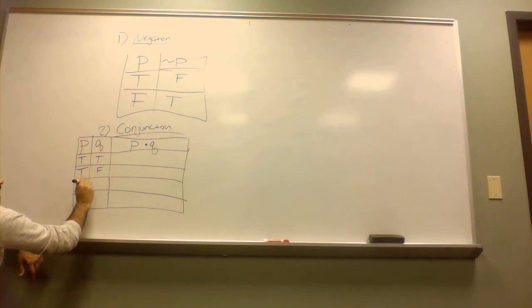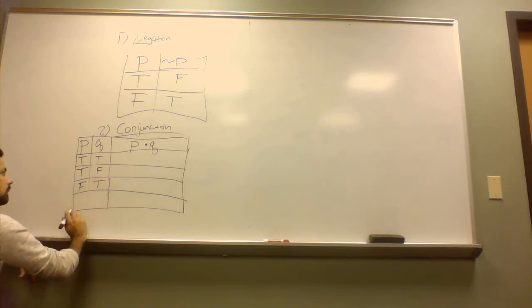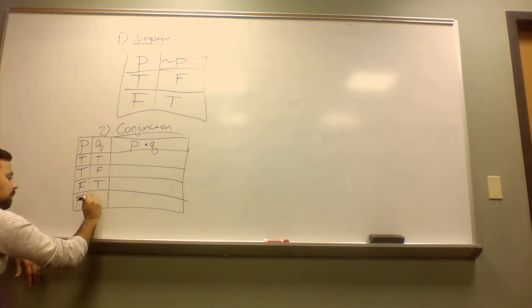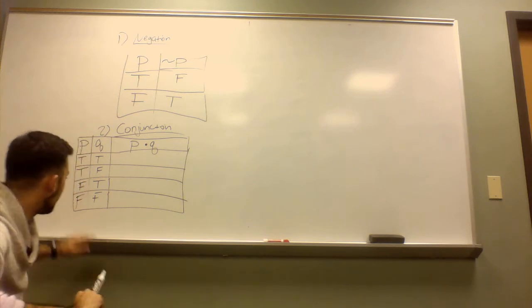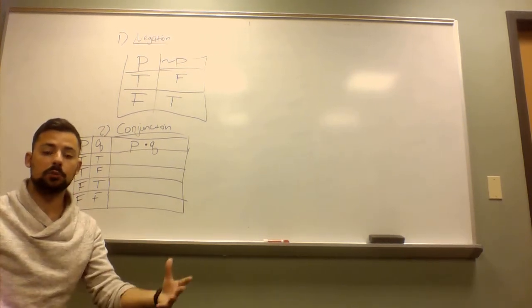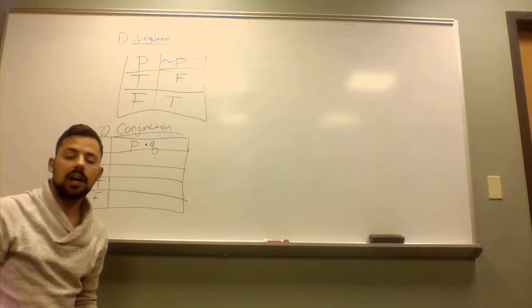There's also a situation where P can be false and Q can be true. And then there's obviously a situation where they can both be false. Again, we're adding extra rows and extra situations because we've added an extra variable.